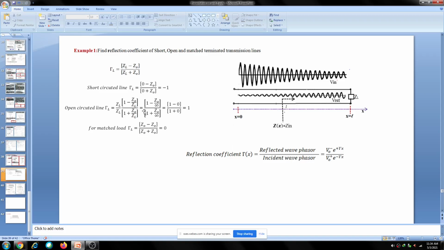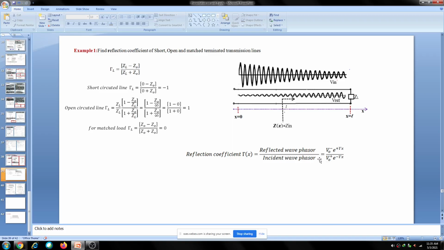A 90 degree angle means the reflected wave has a 90 degree phase difference with respect to the incident wave. The incident wave may have any phase. For example, it has an amplitude of 1 volt and 0 degrees. Then the reflected wave is 90 degrees phase shifted.